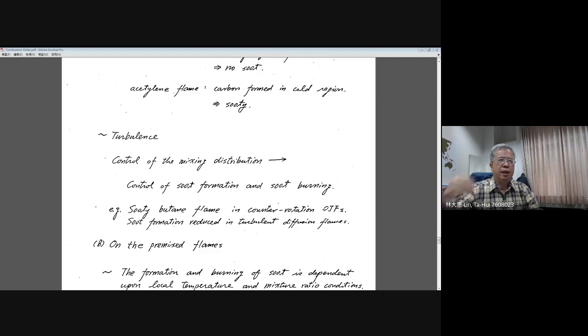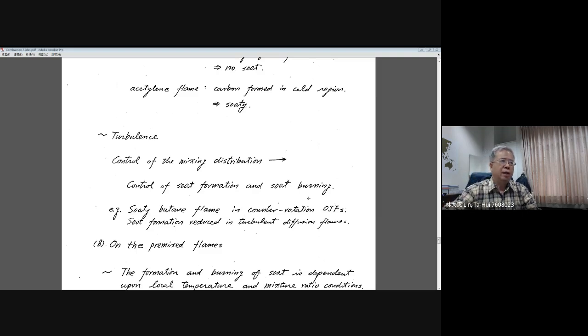This is just a typical example to tell you that when you control the flow structure and the turbulent eddy motions, you will have a local flow situation that promotes soot formation, or sometimes, if you increase the residence time locally, suppresses soot formation.